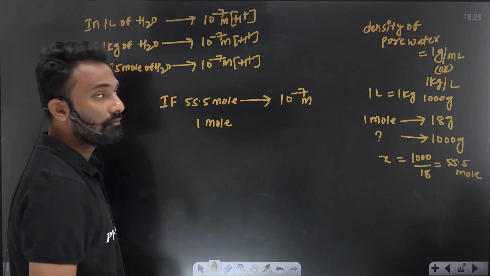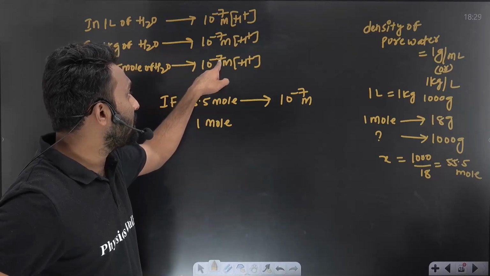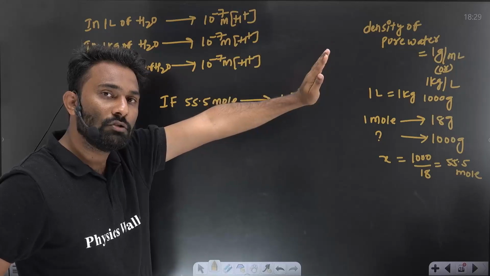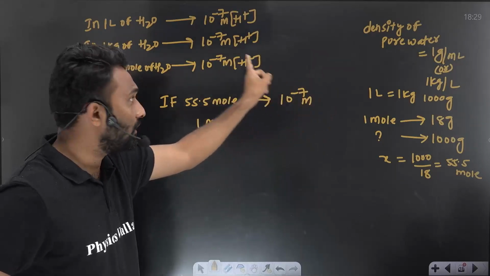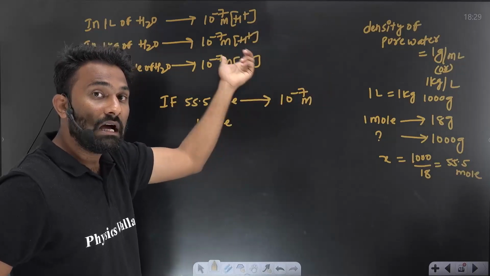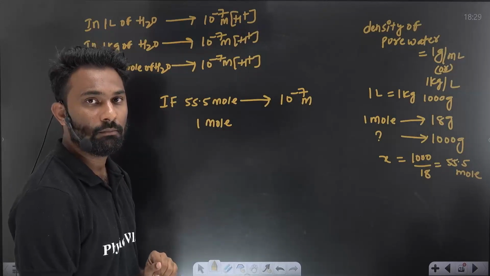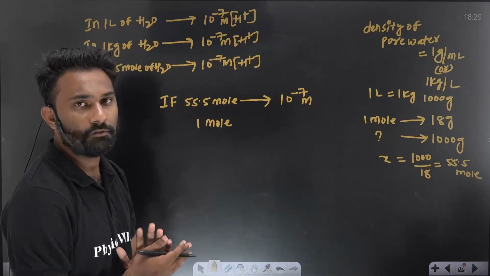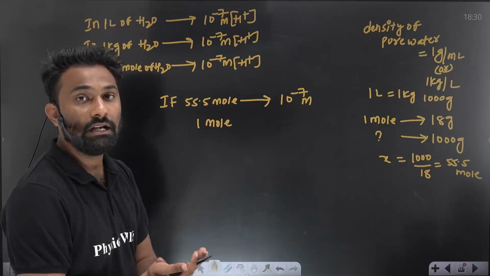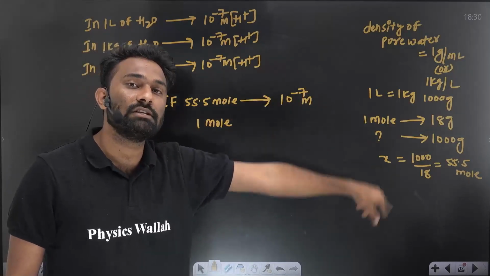From the 55.5 moles of pure water, H plus ion and OH minus ion are produced, and the H plus ion concentration is 10 to the power minus 7. Now I want to find for 1 mole how much H plus ion concentration it will give.